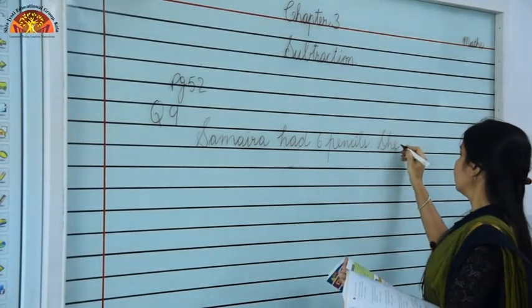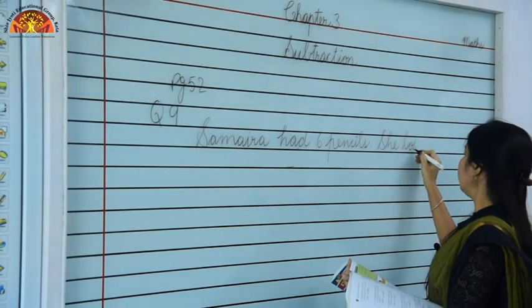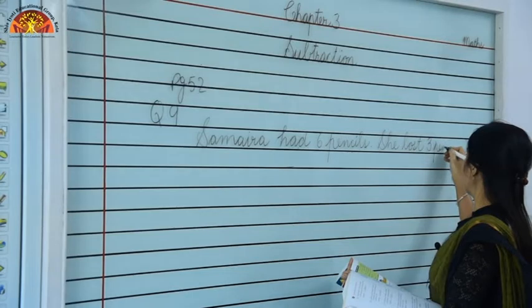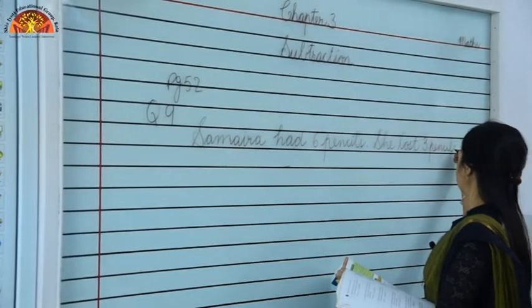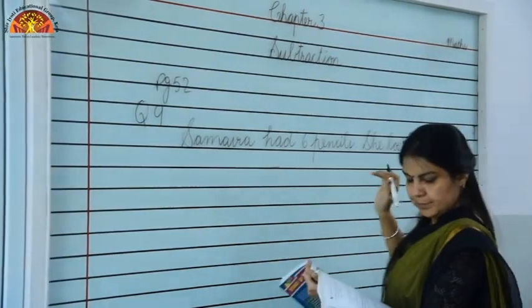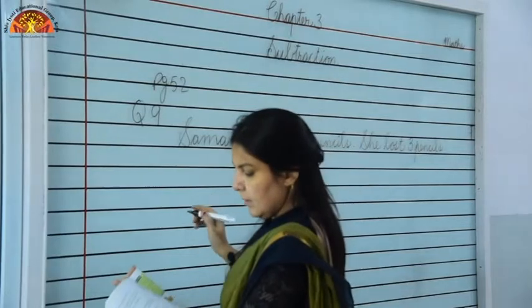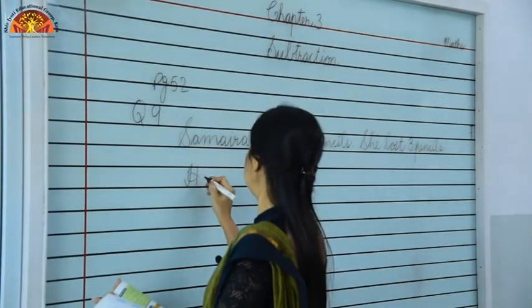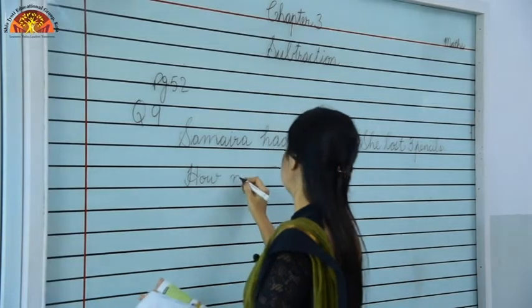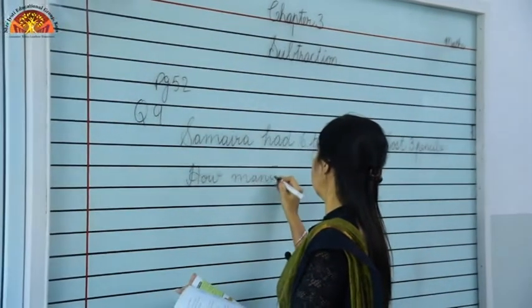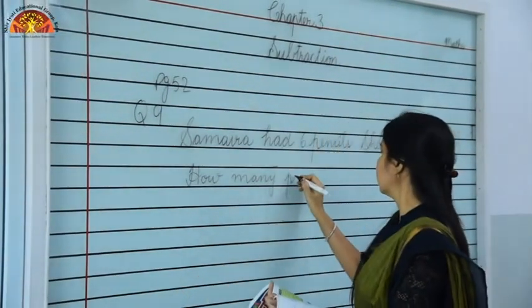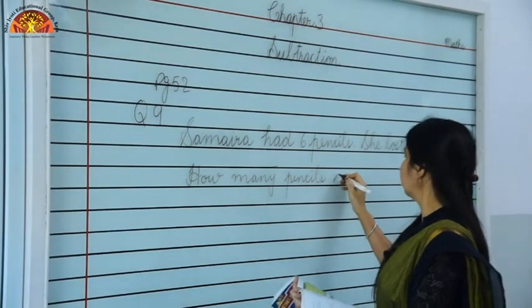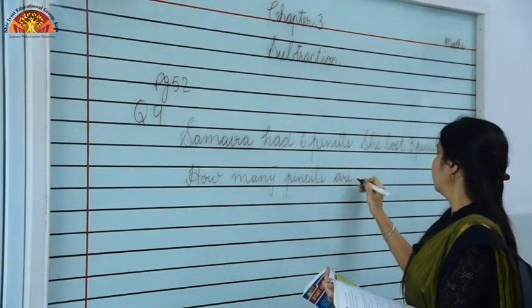She lost 3 pencils. How many pencils did she lose? She lost 3 pencils. How many pencils are left with her?